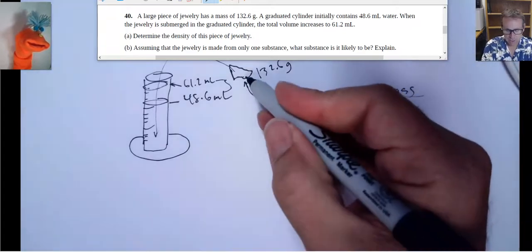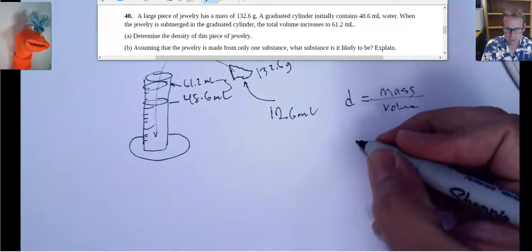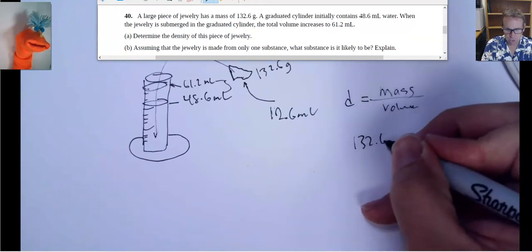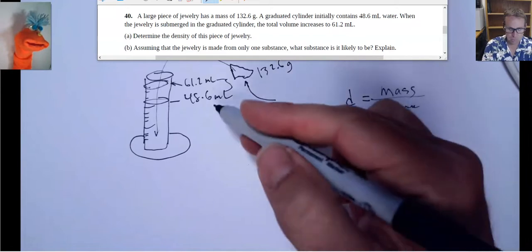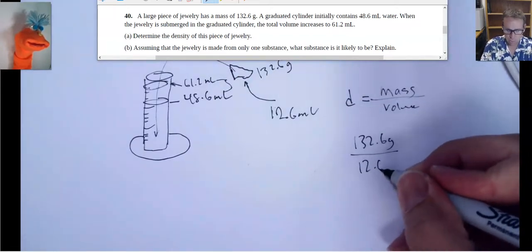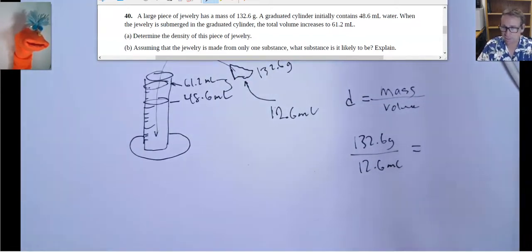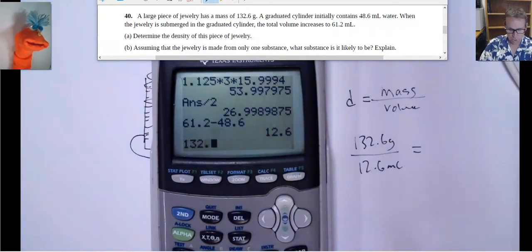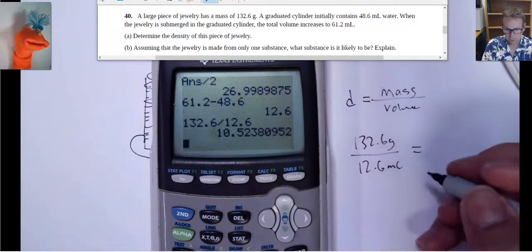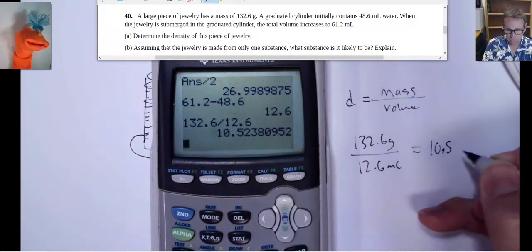So if I have this piece of jewelry and I say its mass is 132.6 grams, that's what they gave us, I can put that over the volume, which we got from taking the difference there, 12.6 milliliters, and the density will be 132.6 divided by 12.6. It will be 10.45.